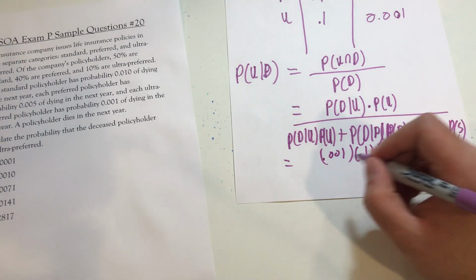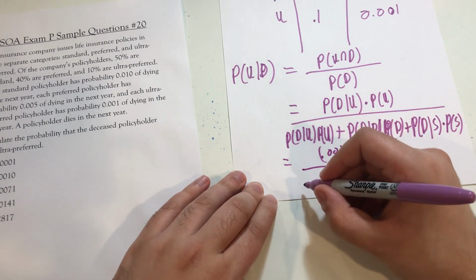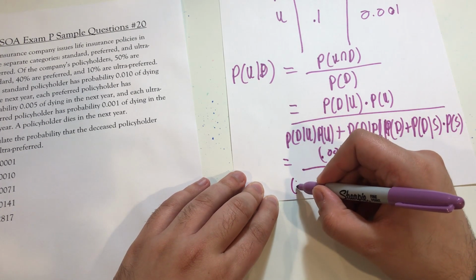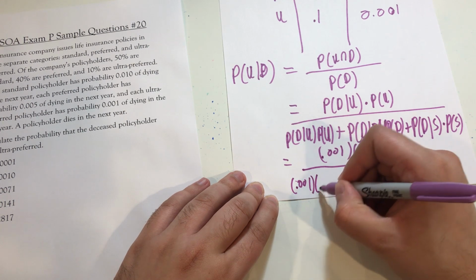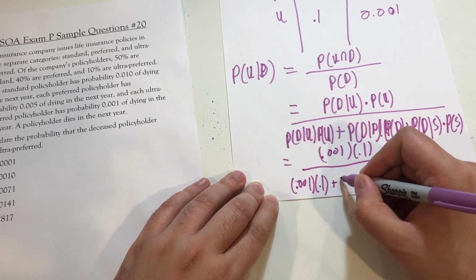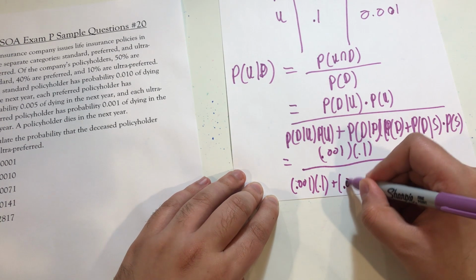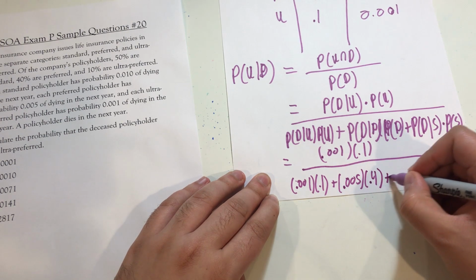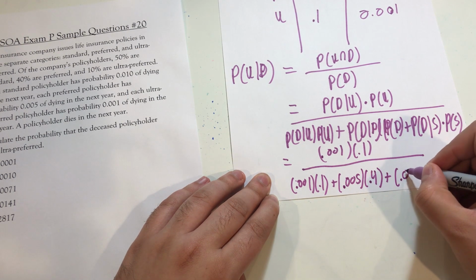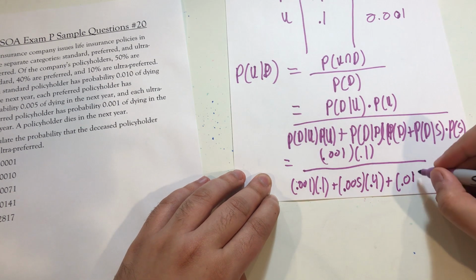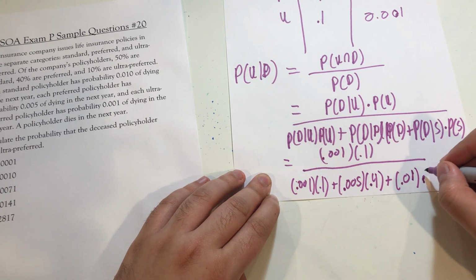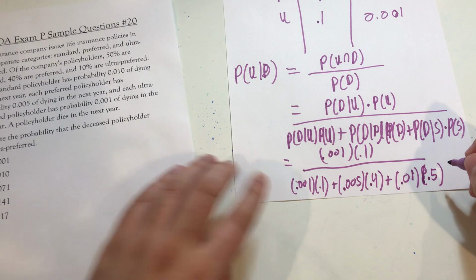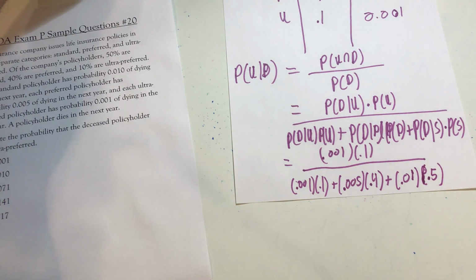The denominator becomes 0.001 times 0.1 plus 0.005 times 0.4 plus 0.01 times 0.5. And that I'm just going to put into a calculator.